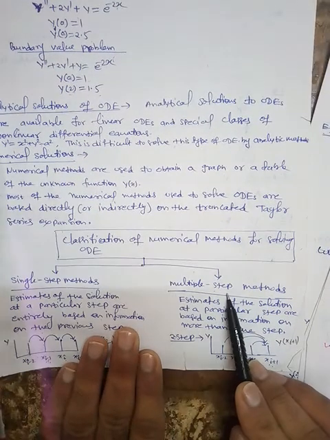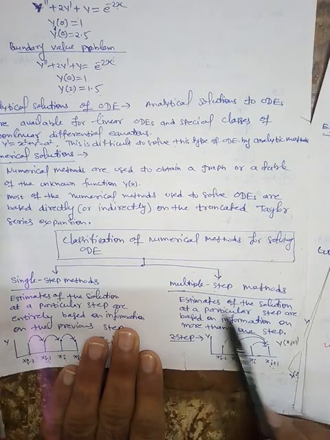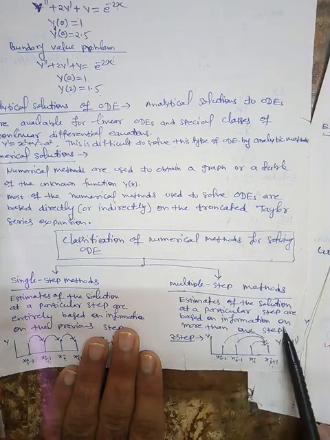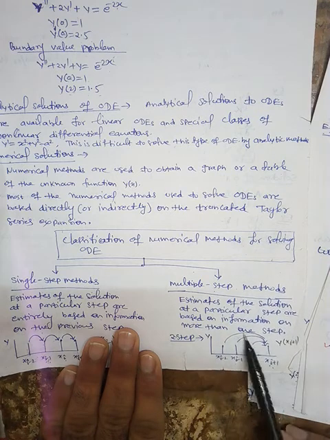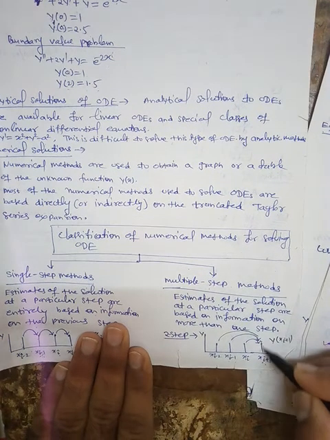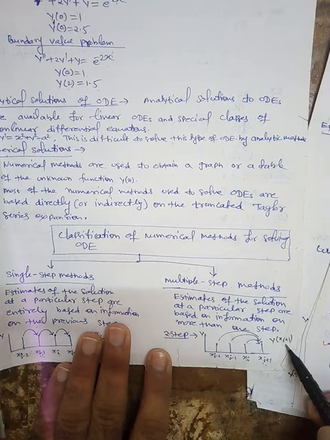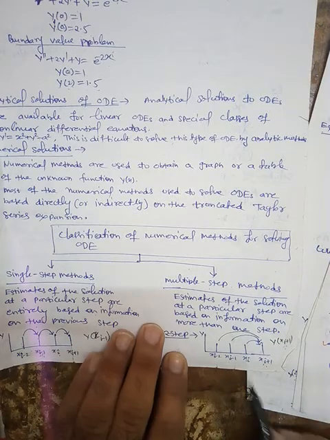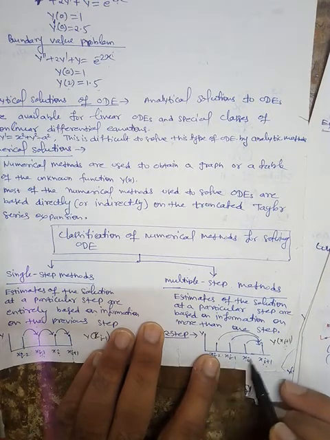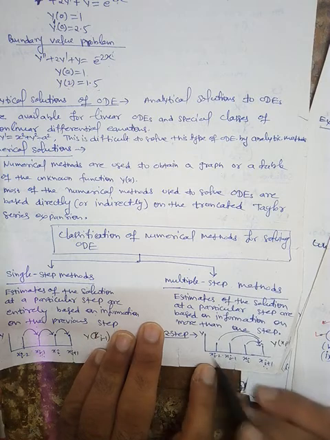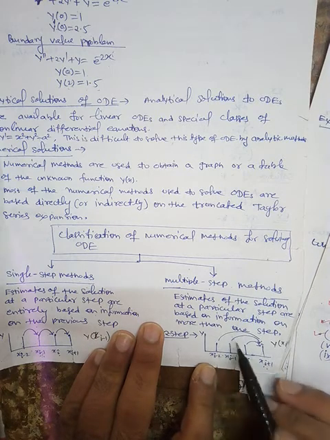However, in multi-step methods, estimates of the solution at a particular step are based on information at more than one point. That means to predict the value at xi plus 1, we will use, for example, the previous two or more step values.